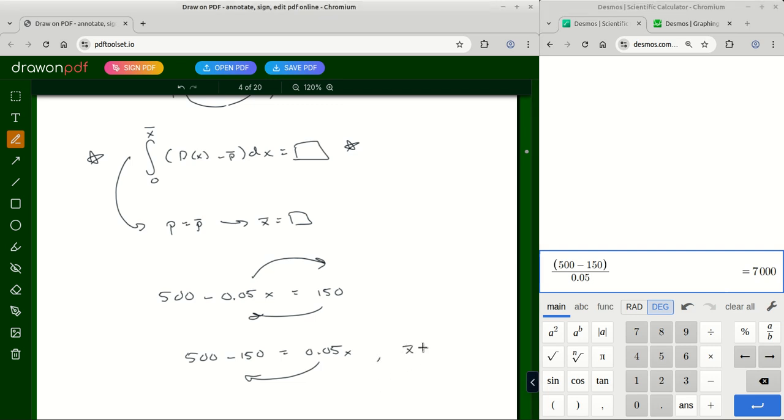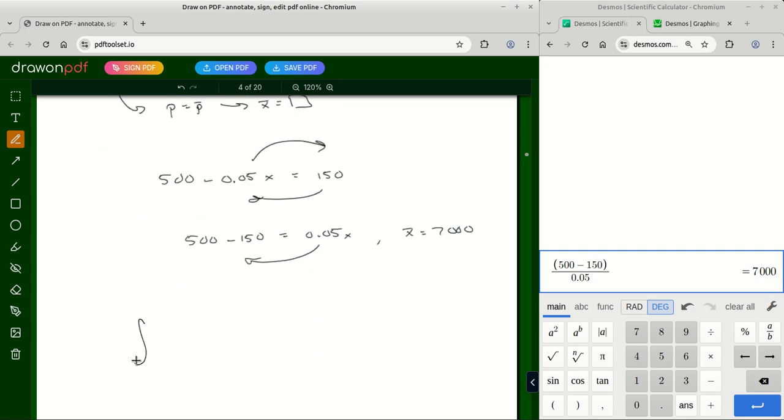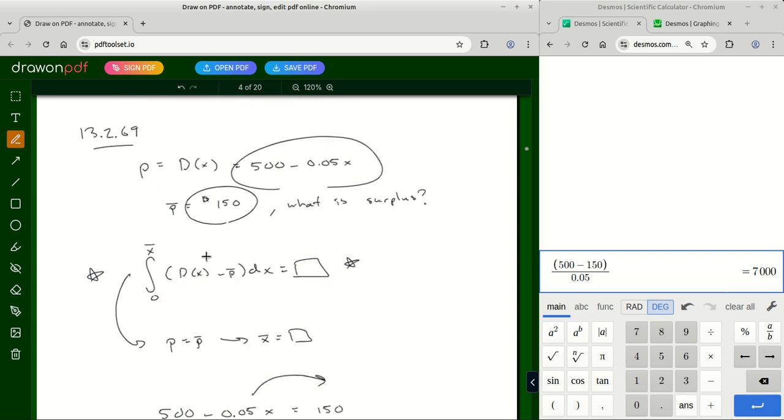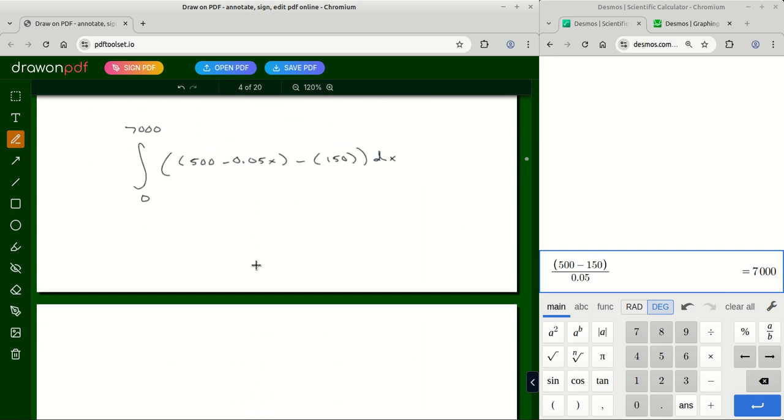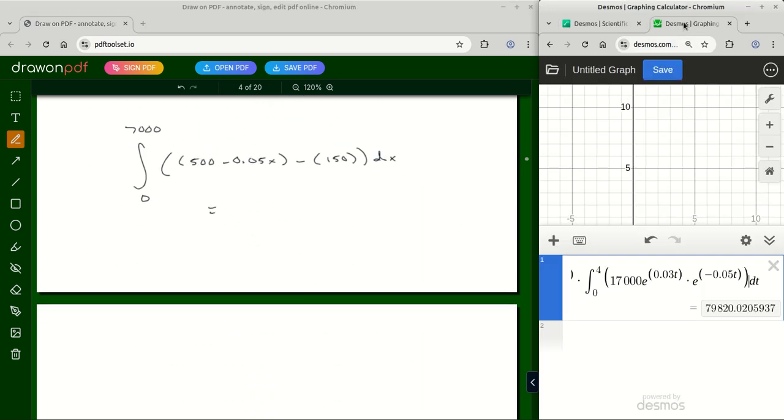So basically x bar is equal to 7,000, and that's what I'm going to start to integrate with here in just a second. So 0 to 7,000 of my 500 minus 0.05x, and then minus the 150 dx. I'm just plugging it into this formula right here. Calculator, and we're done. Again, all of this, I recommend it in Desmos.